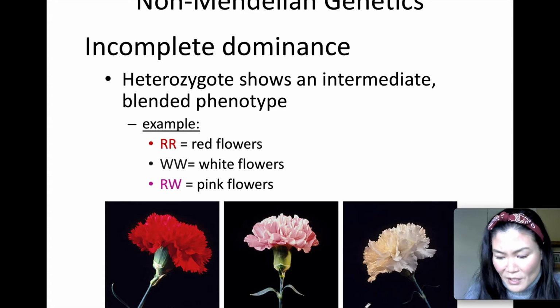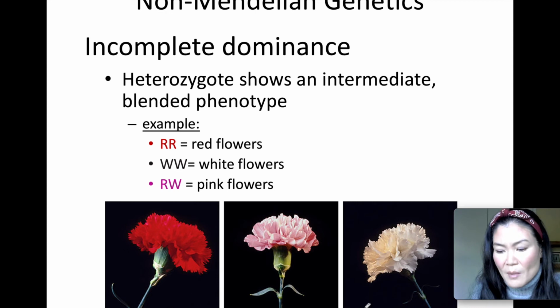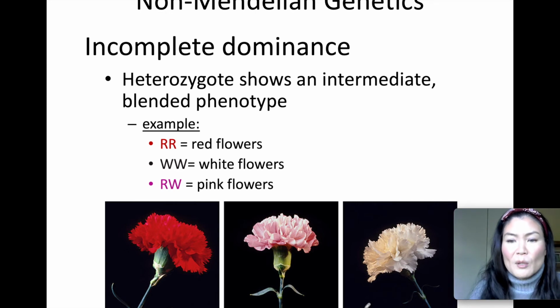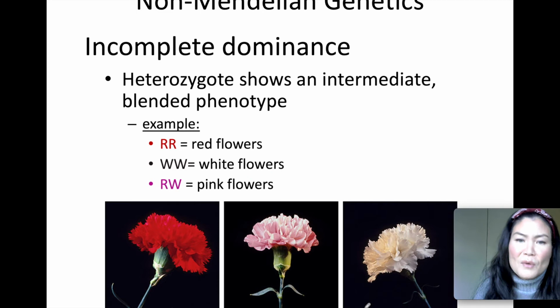Now, you guys, we're going to talk about non-Mendelian genetics, okay? Non-Mendelian genetics means that we're not talking about complete dominance. What we've been talking about is complete dominance, like purple is completely dominant over white, yellow is completely dominant over green.